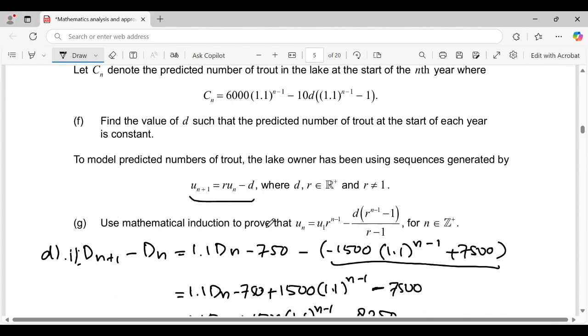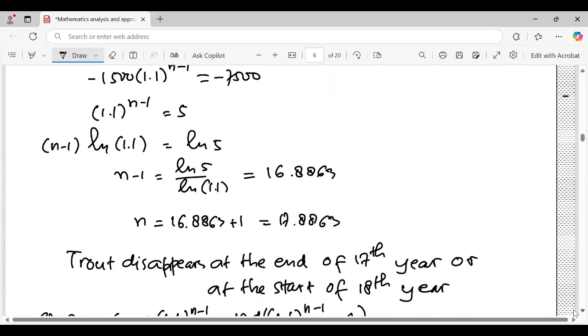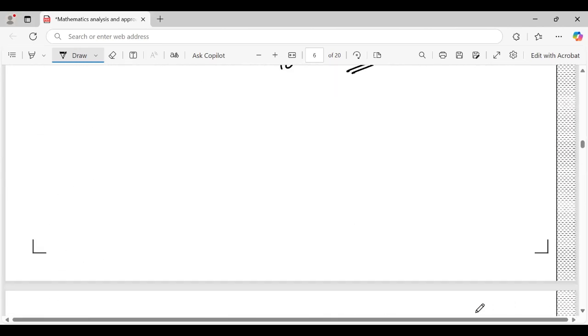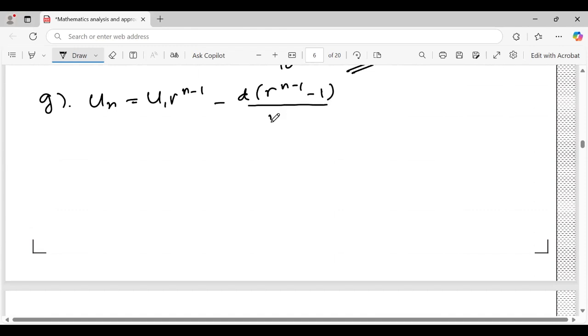Use mathematical induction to prove that un equals u1 r power n minus 1 minus d times r power n minus 1 minus 1, divided by r minus 1. Okay.